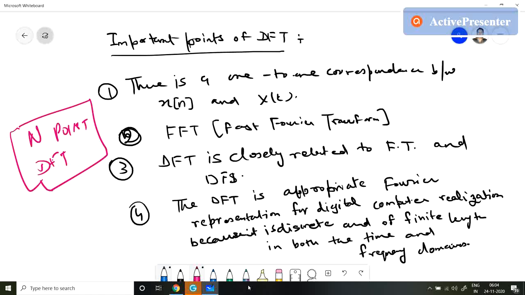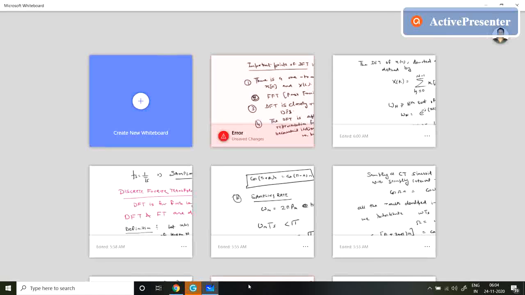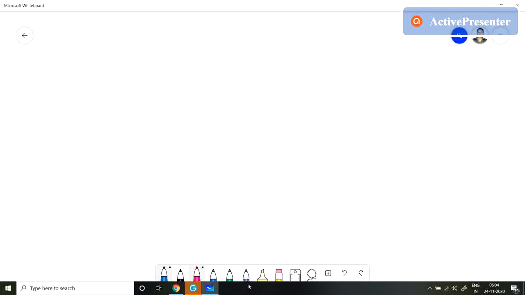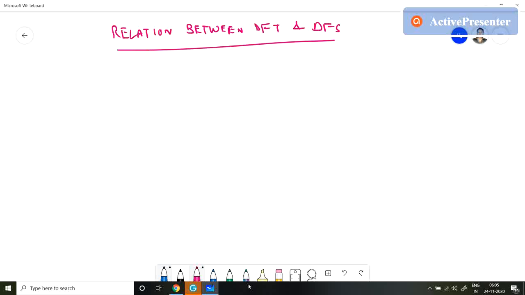So let us see the relationship between the DFT and the discrete Fourier series. The relation is X[k] equals N times c_k.